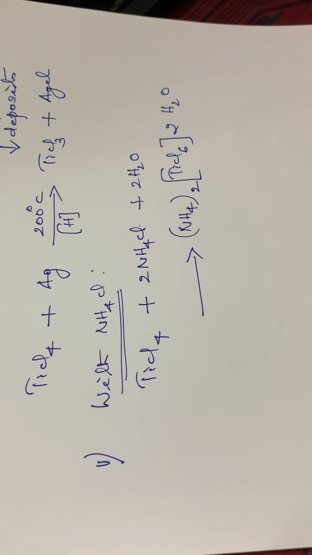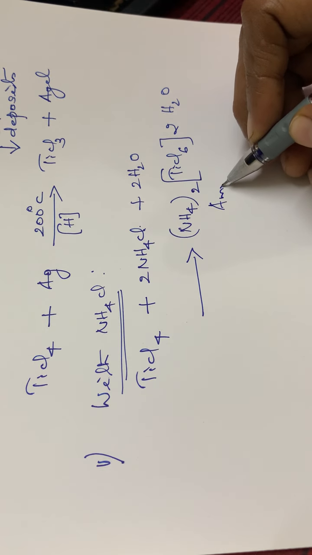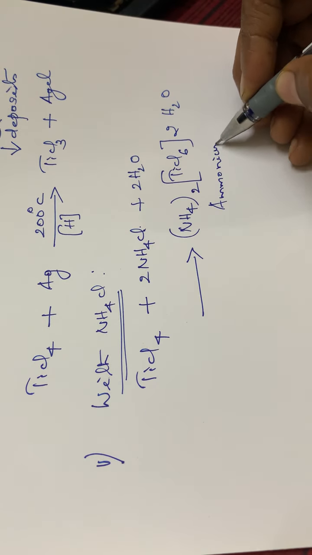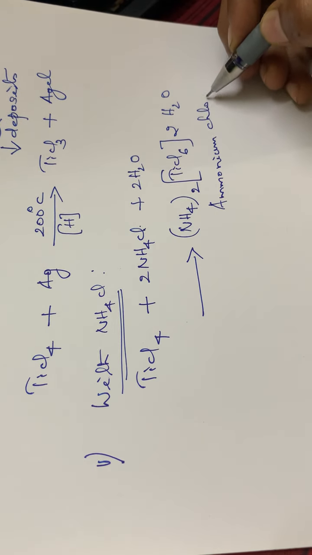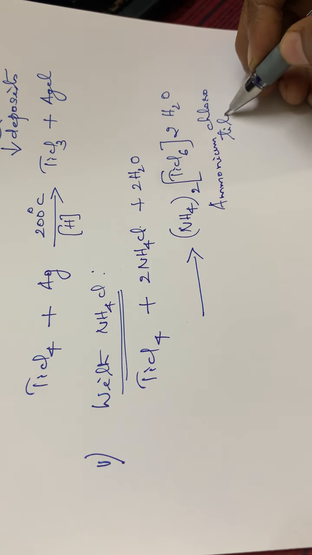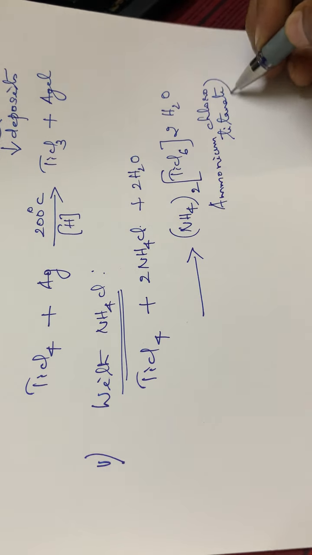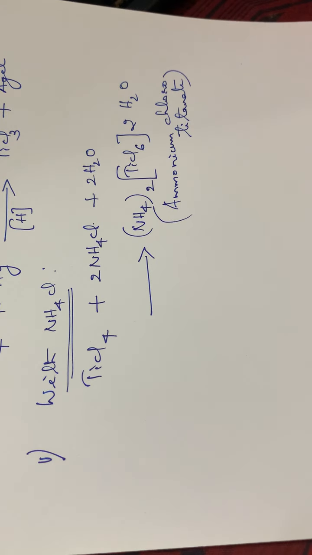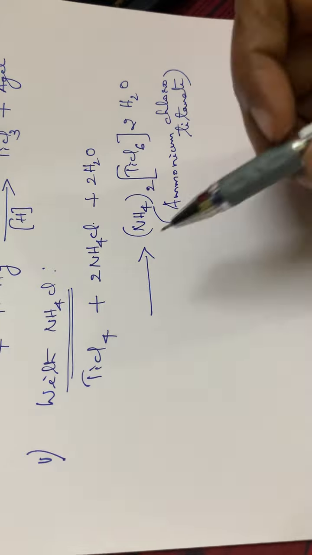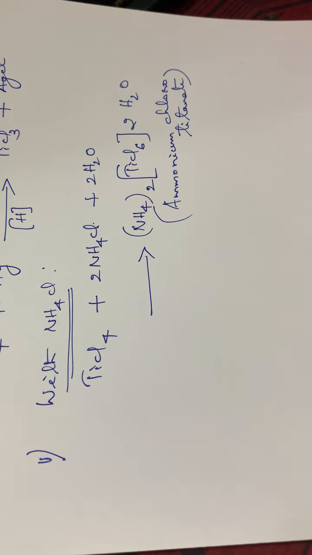So this is the product, the compound ammonium chlorotitanate. So this is another reaction with ammonium chloride.